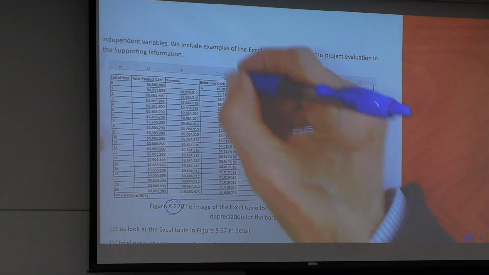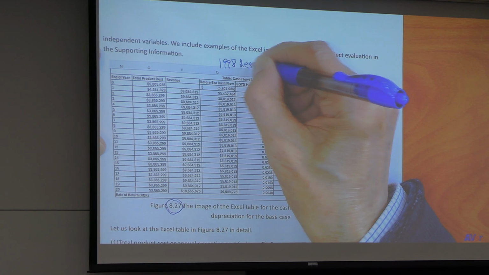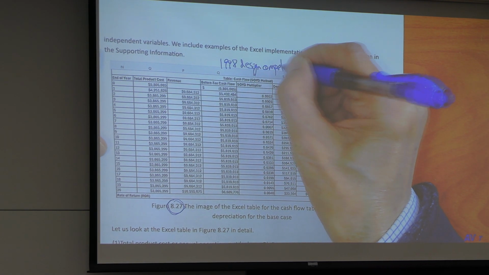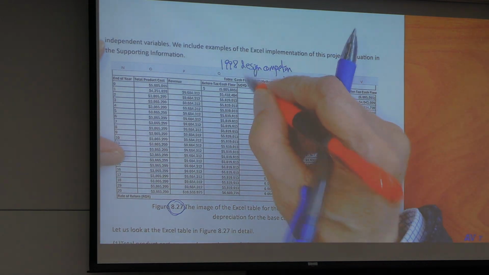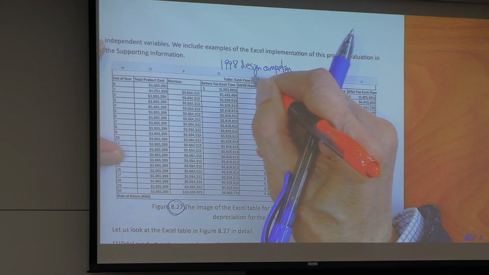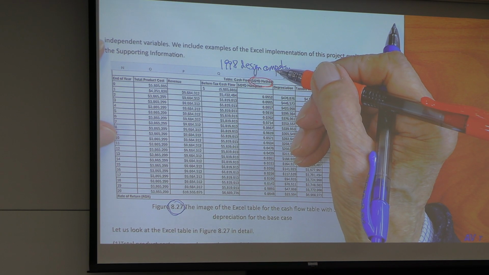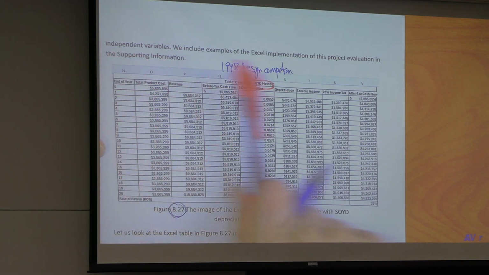This is your 1998 design competition. You are asked to use SOYD depreciation, also ACRS depreciation. Let me explain to you how each item works.